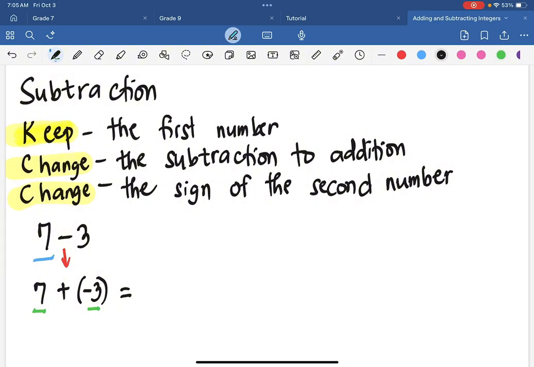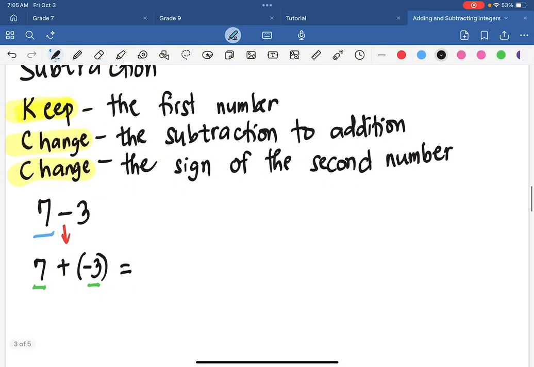And which symbol does 7 have? Obviously 7 is positive, so we can be sure that the result is also positive. Since it is positive, it's not necessary for us to write the positive sign here, but at least we know for sure that the result would be positive.